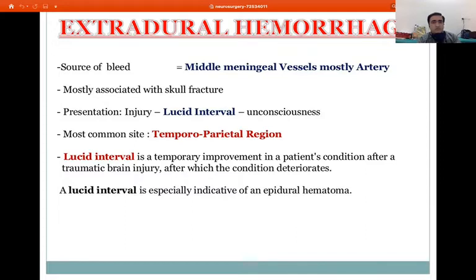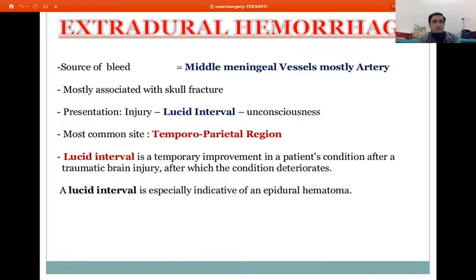The patient was initially conscious, talking, and called some relative, and after 1 or 2 hours the patient becomes unconscious. Many times patients come in very critical condition and we are not able to save the life because the condition is critical by the time the patient reaches the hospital.